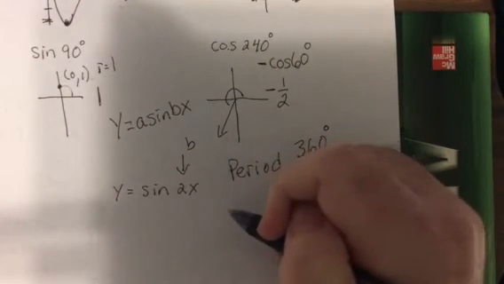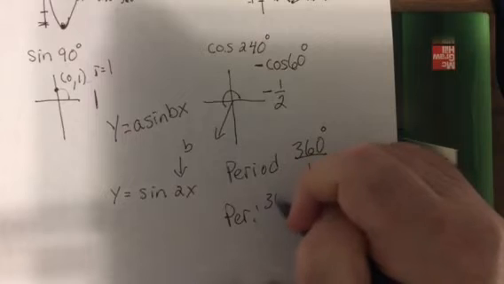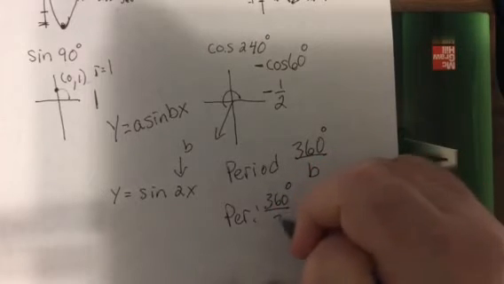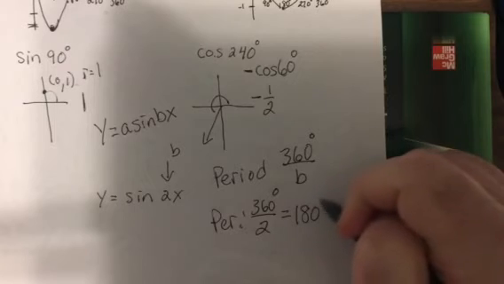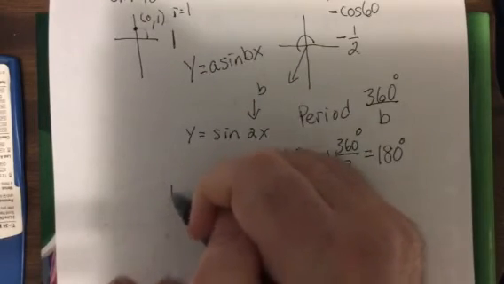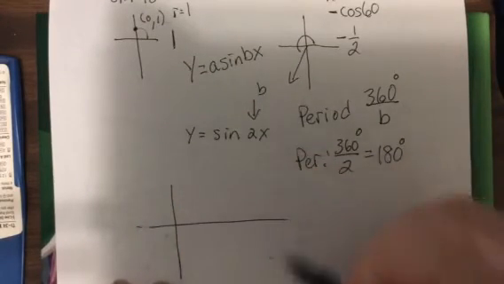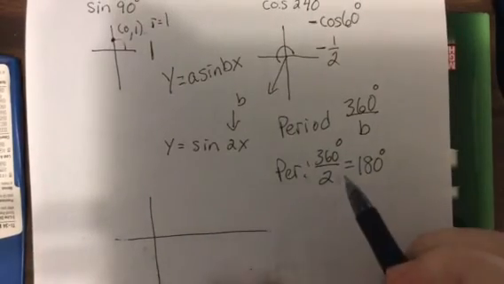So this period is going to be 360 divided by 2, which is 180. So that means every 180 degrees I have a hill and a valley. So, now, if it says graph 1 period, I only have to graph between 0 and 180.